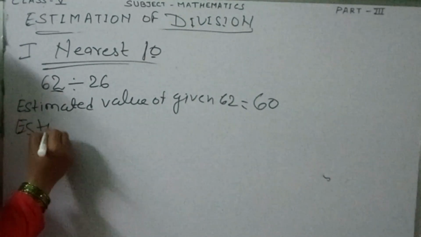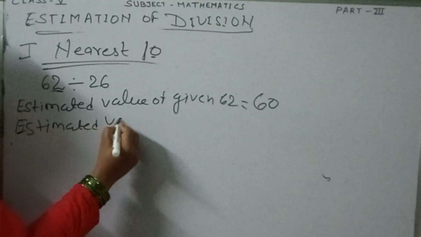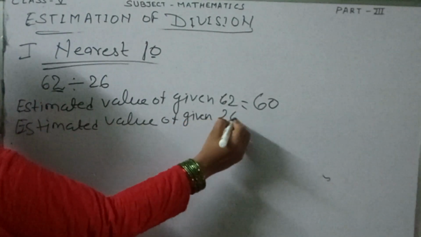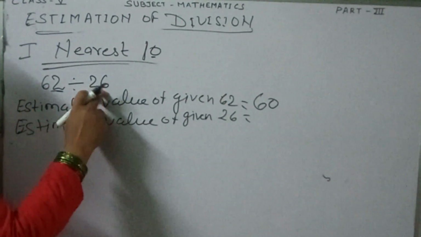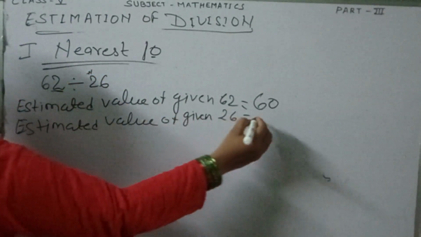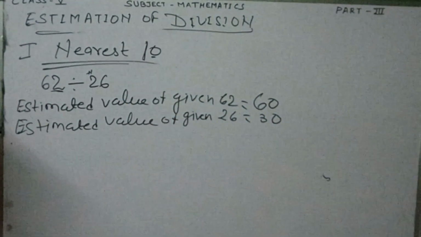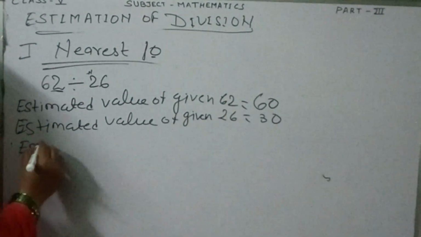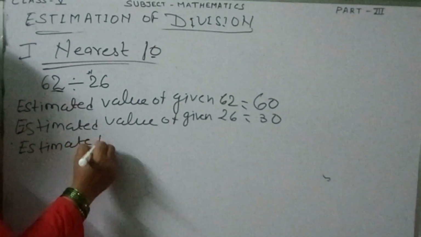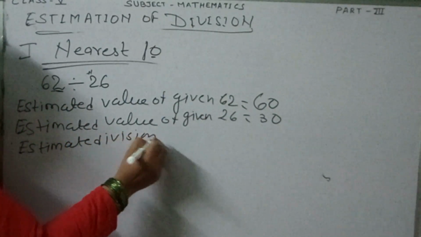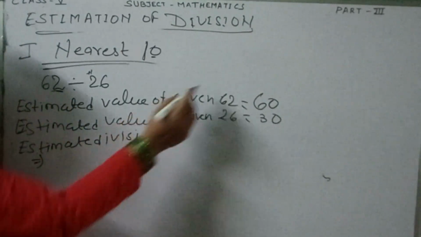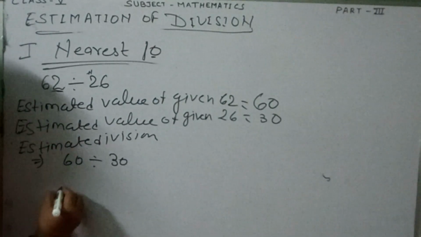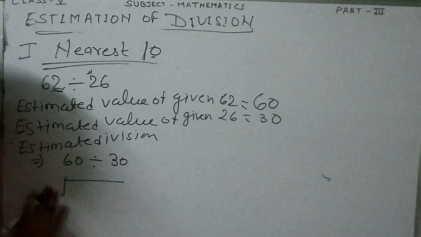Now the estimated value of the given number 26: 6 is greater than 5, so it will be plus 1 here, and it will be 30. Now you have to find the estimated division. In place of the numbers, write the estimated values. What will we write? 60 divided by 30.